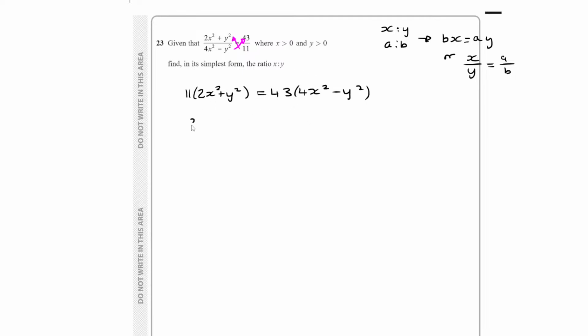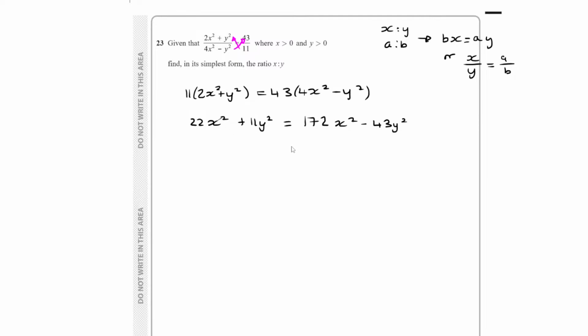Yeah, so expand it: 22x squared plus 11y squared is 43. We have to times that by 4, which I'm pretty sure was 172. So 172x squared minus 43y squared.